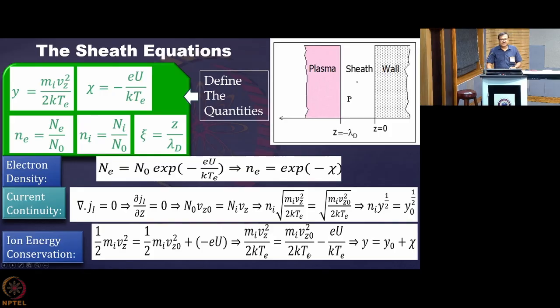Okay. So, you remember these three equations, and we have explained how we have arrived at them. Now we go to the next slide, where we will use these equations and try to find out some useful information.